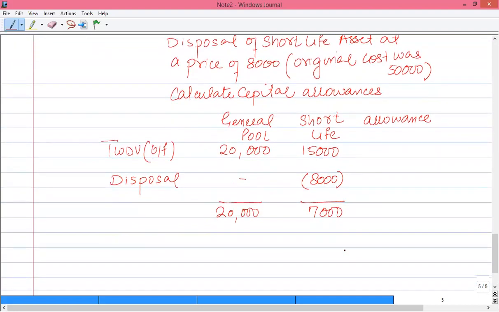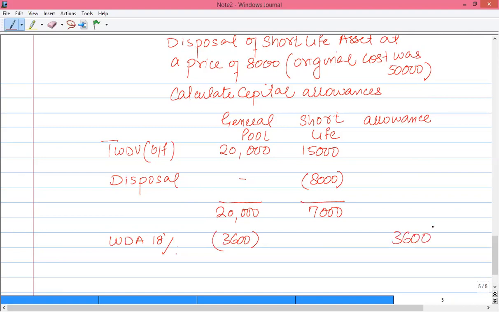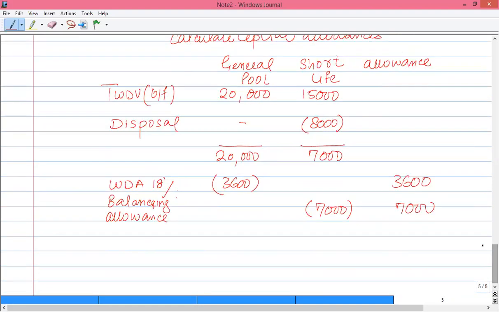As it's a positive balance, you can claim it as a balancing allowance. For the general pool, the rate is 18% per annum, so we can claim a WDA of 3,600 on that. As far as the short life item is concerned, we can claim a balancing allowance of 7,000.